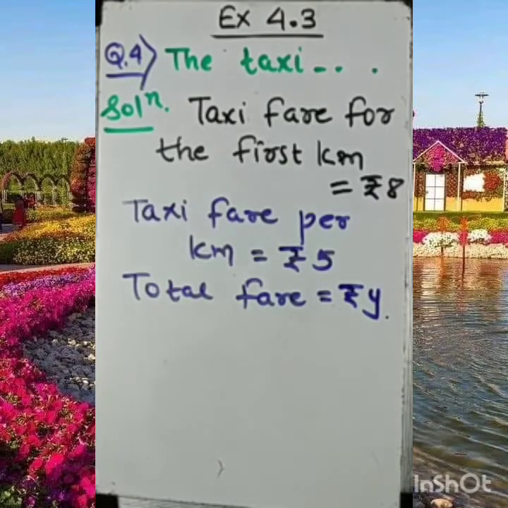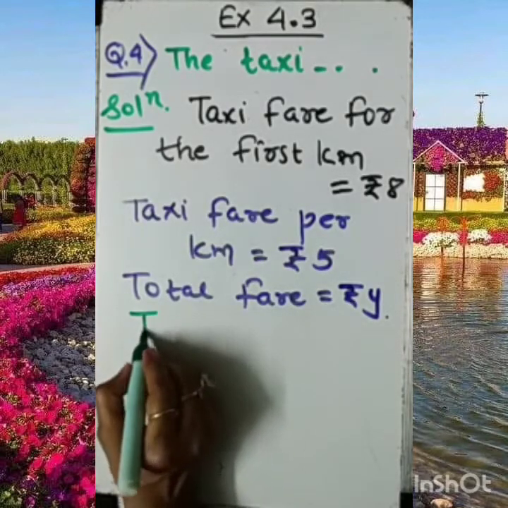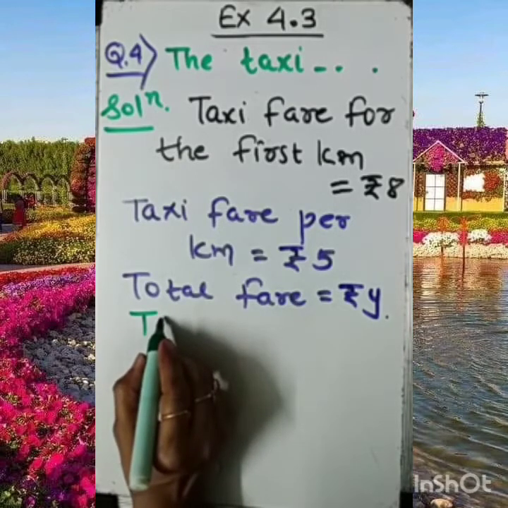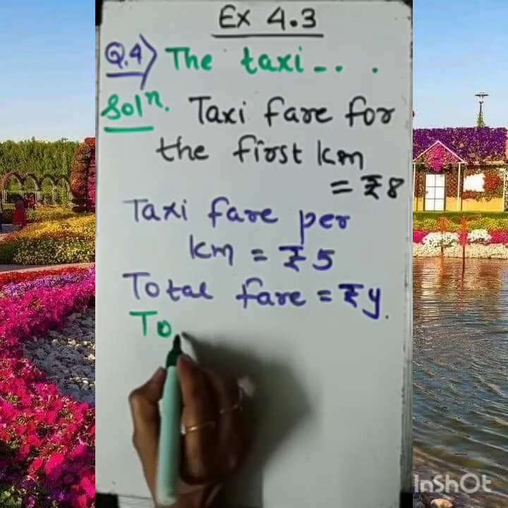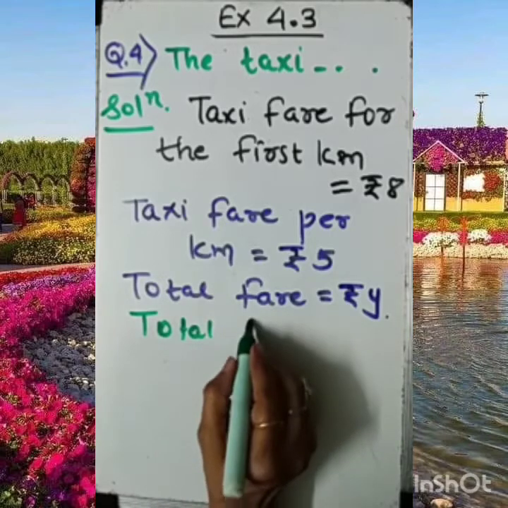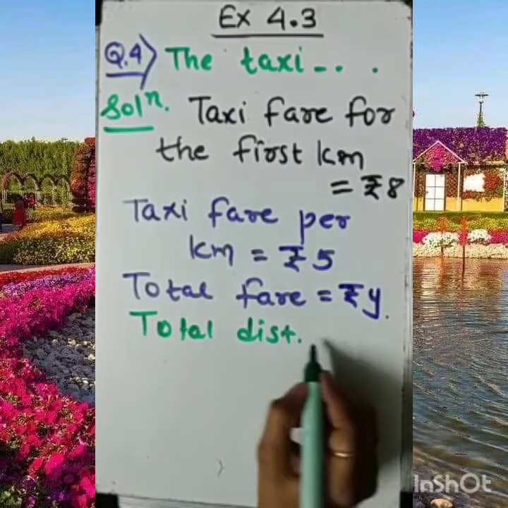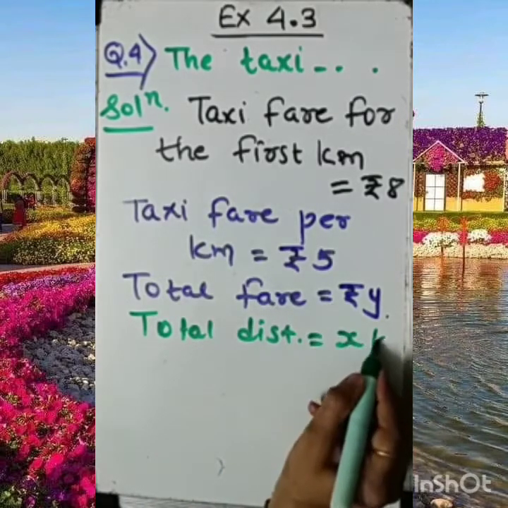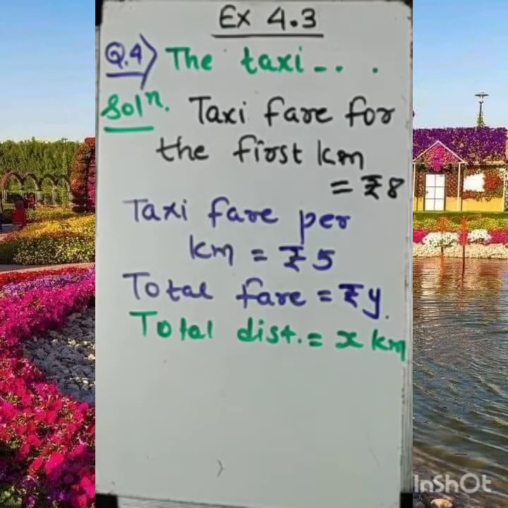Then total distance, because distance is also important. Without distance, how can we form the equation? How many kilometers? For that also we need to assume, so we write total distance equal to x kilometer. The unit will remain kilometer.